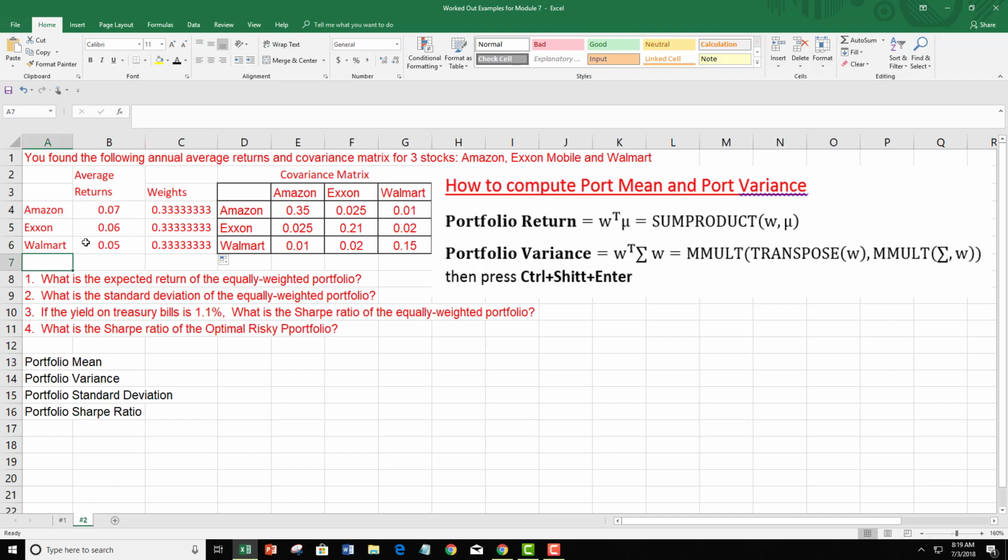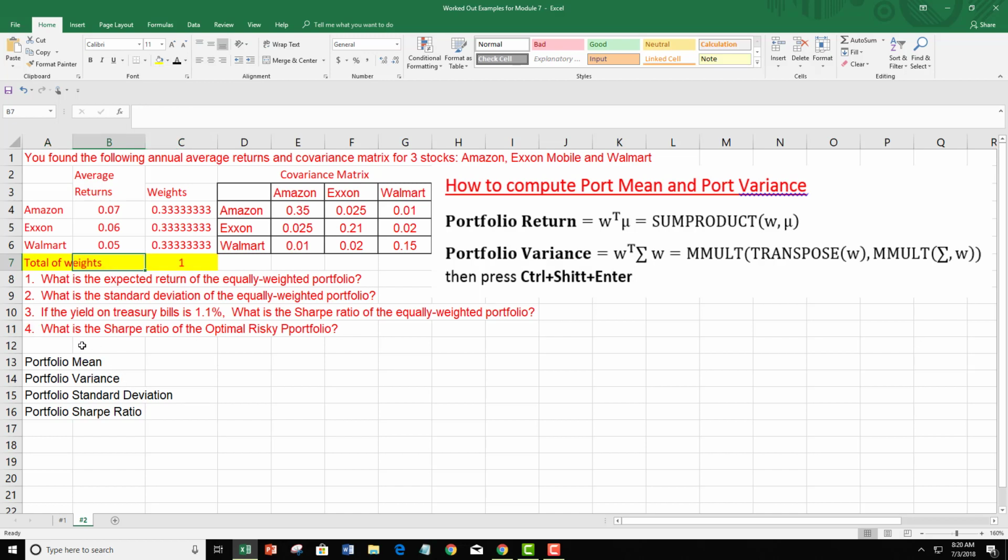I need one more piece of information here: the total of weights, in order to solve the last question. So I'm going to write here the sum of all the weights, and that's going to be 1, which means the total investment in the stocks should be equal to 100% of the capital. This is the line we need to answer the last question. That's why I have written it here.